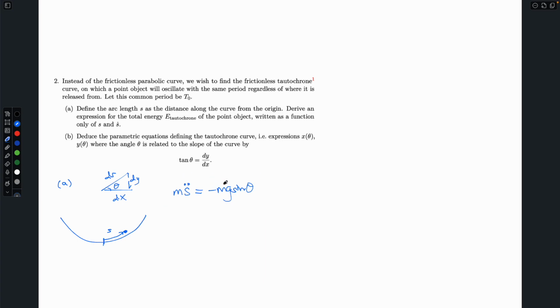But then we want it to fit the simple harmonic form, which means that we need sine theta to be equal to ks. And then we need our omega to be 2 pi over t naught, because they gave you the fixed frequency.